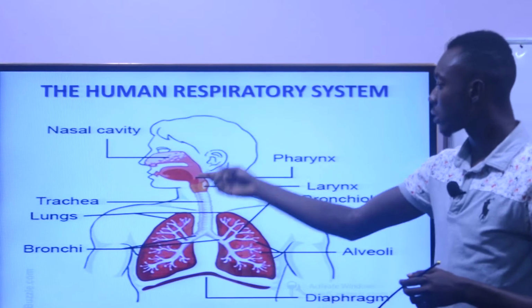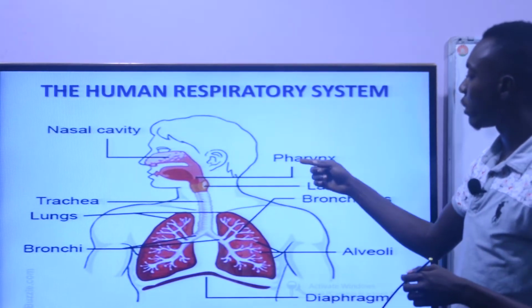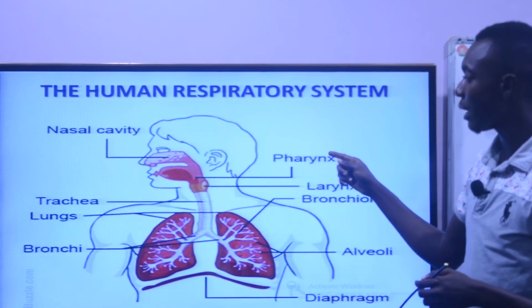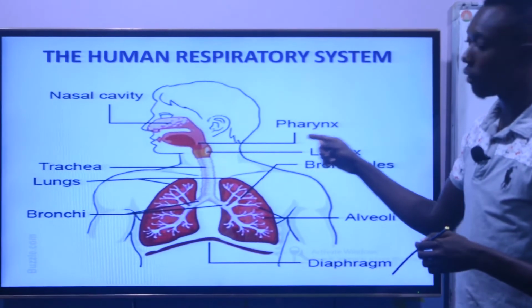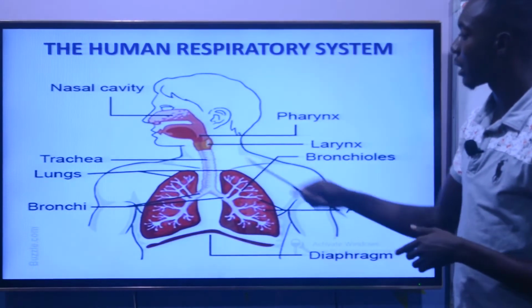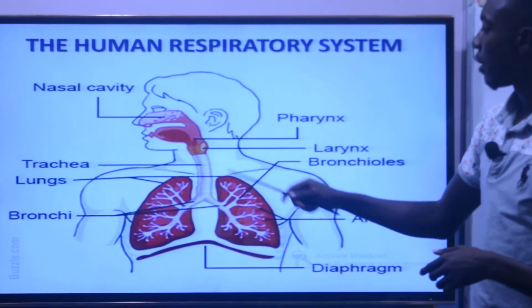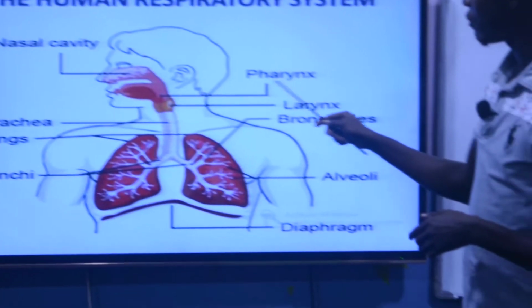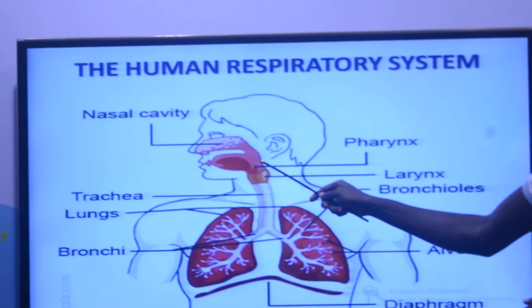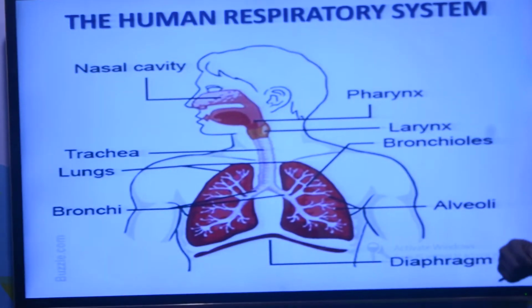From the nostrils, the air stretches to the pharynx. Do you remember the other name we give to the pharynx? Look at this diagram carefully. Do you remember the other name we gave to it? We also called it the throat.